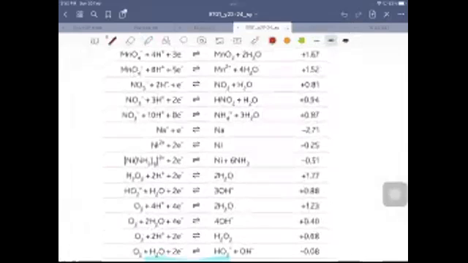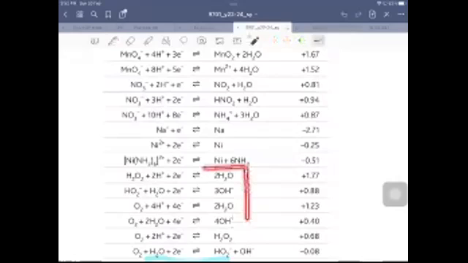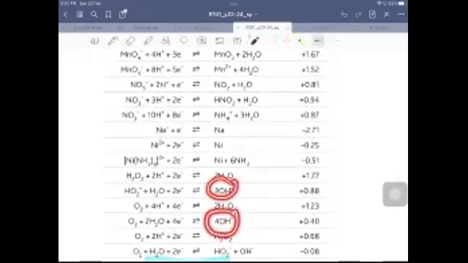Because we are looking at the reaction at the anode, it would be an oxidation reaction, which means it's the reverse equation. Therefore, you should be looking for hydroxide being on the right side to produce oxygen. There are a few equations that have hydroxide ions on the right side, but we want to make sure that we choose the correct equation that produces oxygen gas.